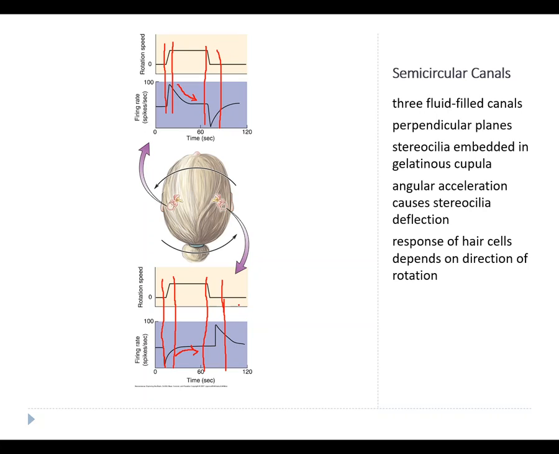And that miscommunication, or that mismatch between what your vestibular system is telling your brain versus what is reality. And of course, you have other ways of telling whether or not you're moving. You can see with your eyes, and you can feel with your somatosensory system where you are and where your body is. So that mismatch is what creates that sense of dizziness or vertigo.